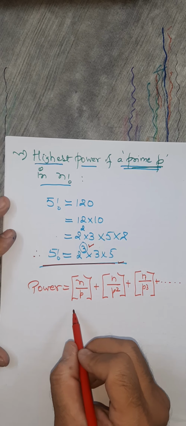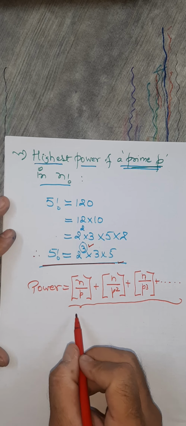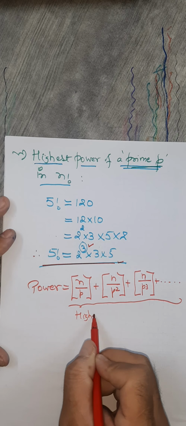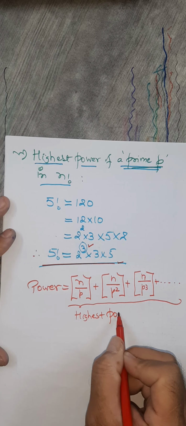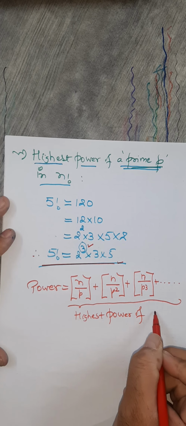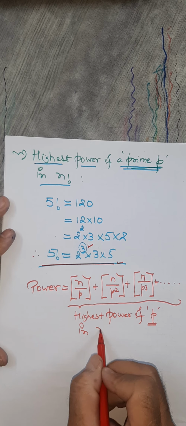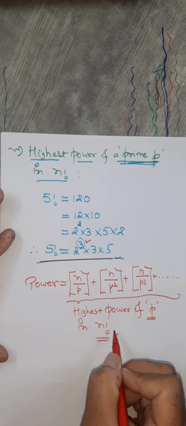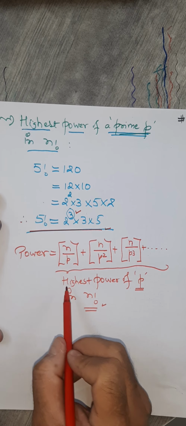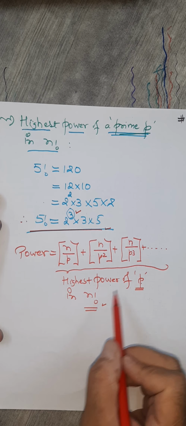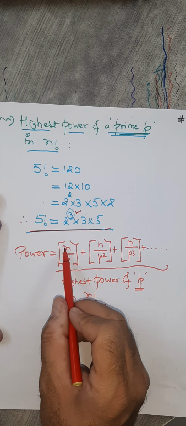Find this. This gives us what? Highest power of prime p, prime number, remember, prime p in n factorial. This is the formula. I repeat, highest power of p in n factorial is given by this box function.